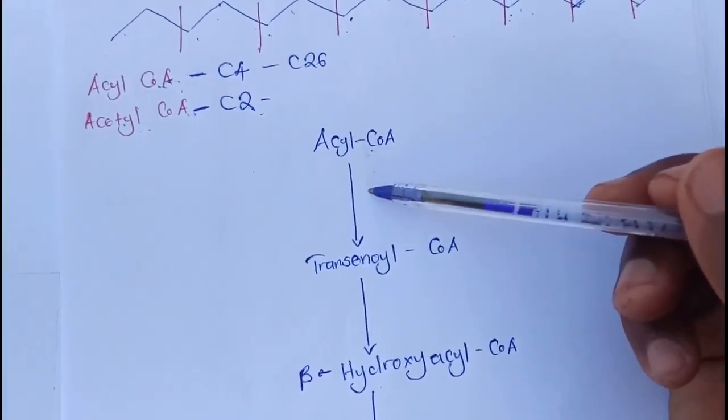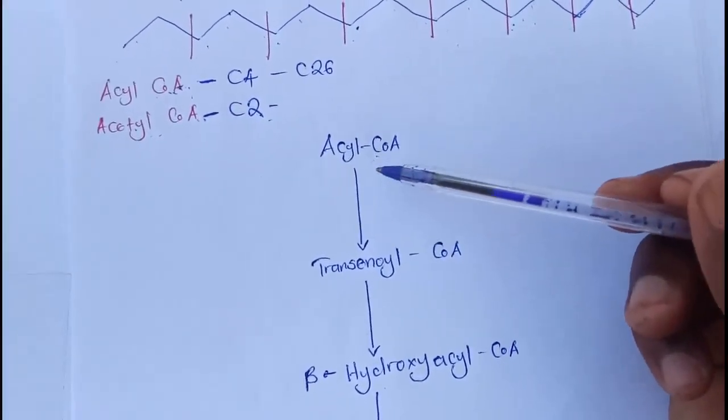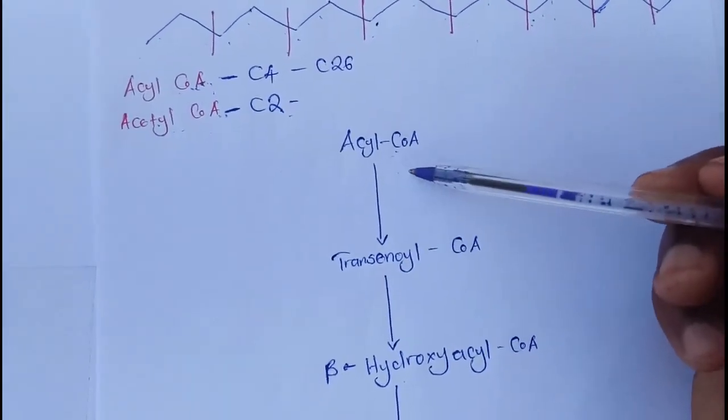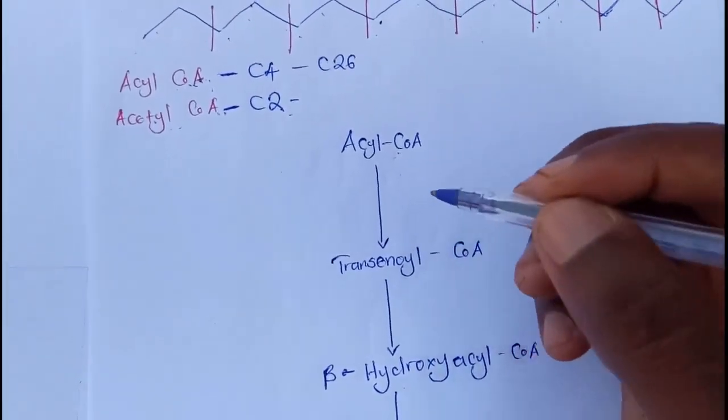Those 2 hydrogens that will be removed, remember whenever you're removing a hydrogen, you require a dehydrogenase, right? And then you also require another compound that will actually accept or receive those hydrogens.